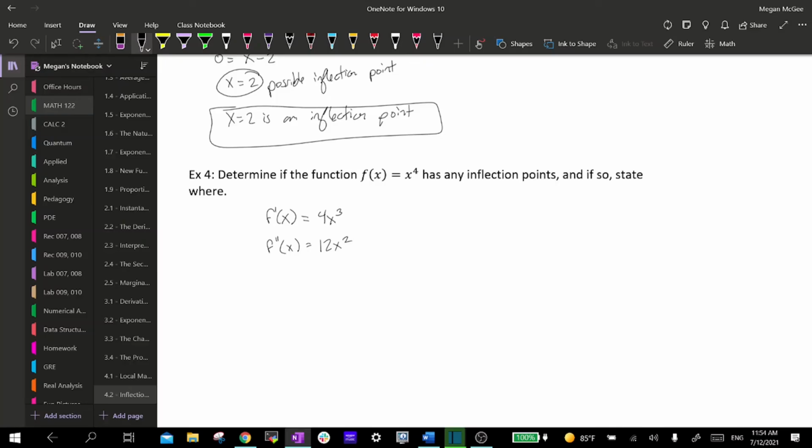We want to set that equal to 0, 0 is equal to 12x squared, and that gives us x is equal to 0 is a possible inflection point.